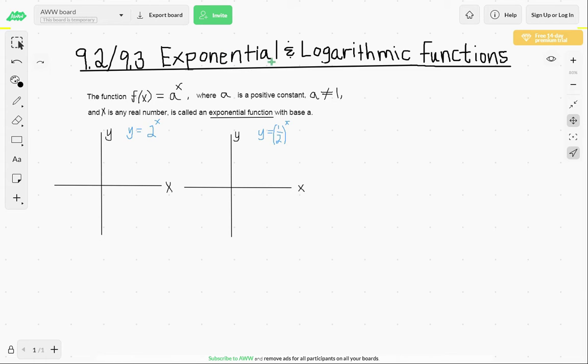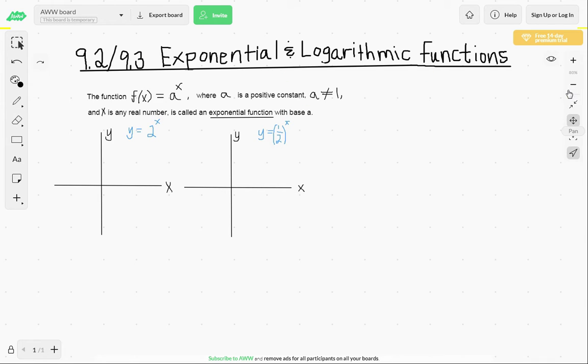And we insist a does not equal 1, because 1 to the x is really just f of x equals 1; if you take 1 to any power, you still get 1 back. So these two, y equals 2 to the x and y equals 1/2 to the x, are both examples of exponential functions.